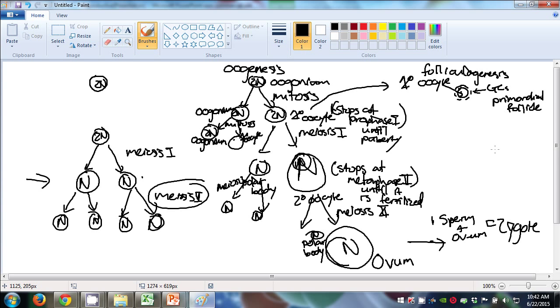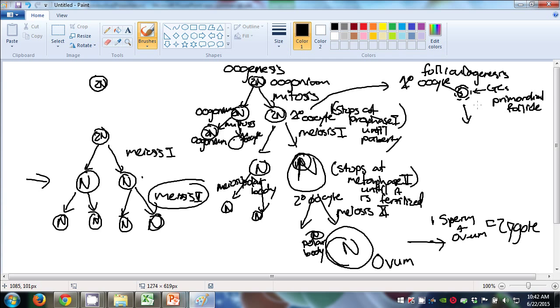It's not until puberty occurs that a few of these primordial follicles will now develop because of the FSH that we have been talking about in the past. The FSH, what is its name? Follicle stimulating hormone. So it stimulates the development of the follicle.